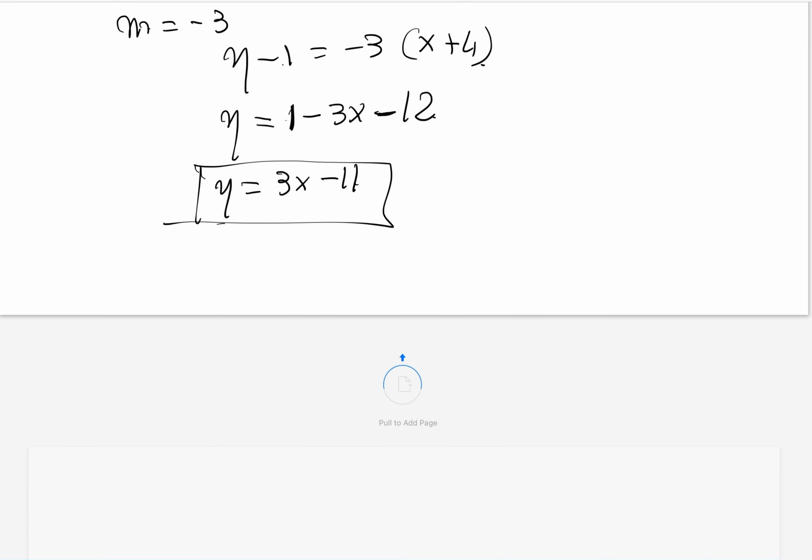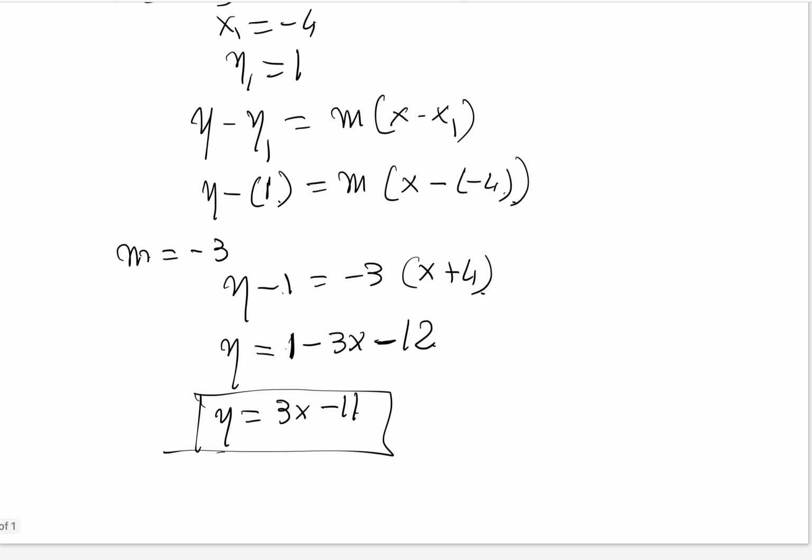So another example, suppose now you have a line passing by 2 points, and they ask you to find the equation of the line. First of all, you have to find the slope. When you find the slope, you just have to choose either point to put in, and just find the x1 and y1. That's it.